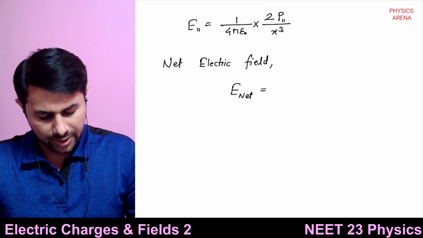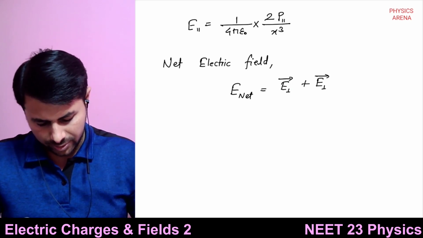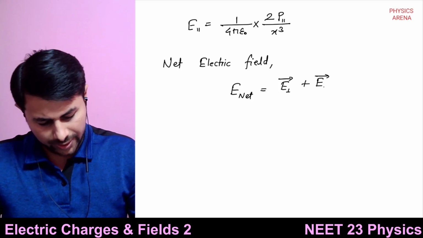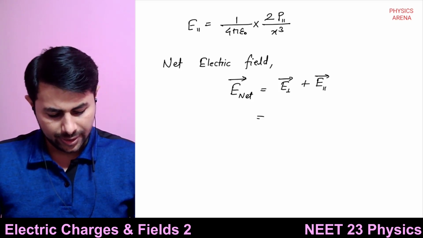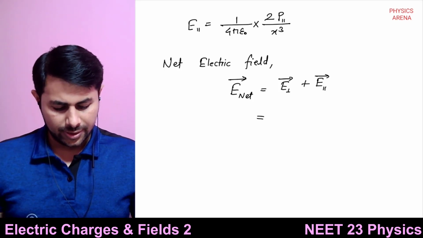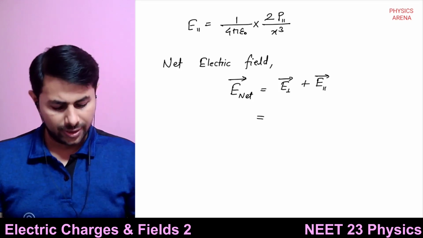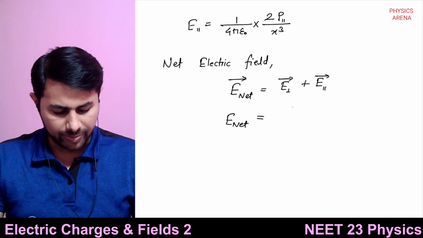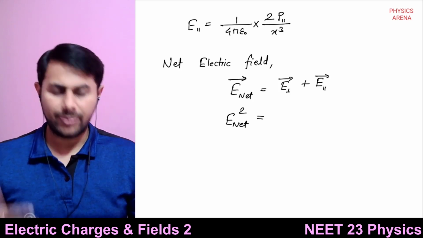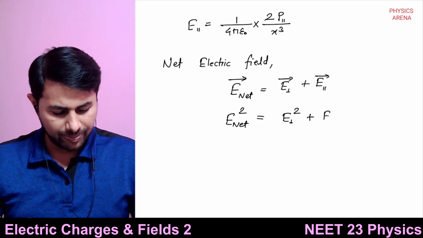E net is equal to E perpendicular bar plus E parallel bar. They are directed at an angle of 90 degrees to each other. So the magnitude of net electric field squared would be E perpendicular square plus E parallel square.